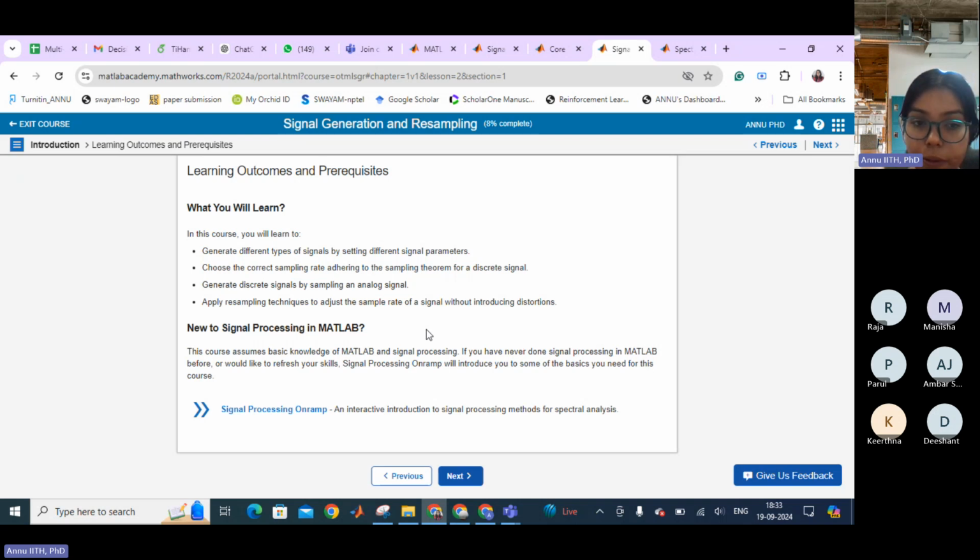In this session, we will understand the generation of different types of signals by setting different signal parameters, choosing the correct sample rate, adhering to the sampling theorem for a discrete signal, generating a discrete signal by sampling an analog signal, and applying resampling techniques to adjust the sample rate of a signal without introducing distortion. Okay, let's go ahead.